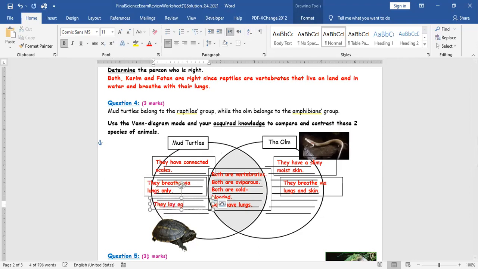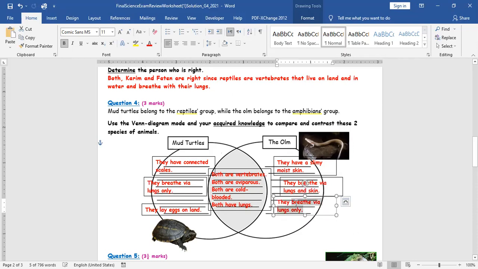Turtles lay eggs, or reptiles lay eggs on land, while alms lay eggs in water. Amphibians lay eggs in water.